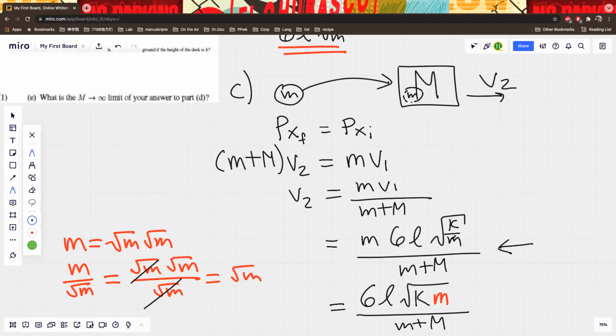Would that be, let me think. Well, hold on. m times square root of m is more than just m. m times 1 is equal to m, but m times square root of m is more than just m.